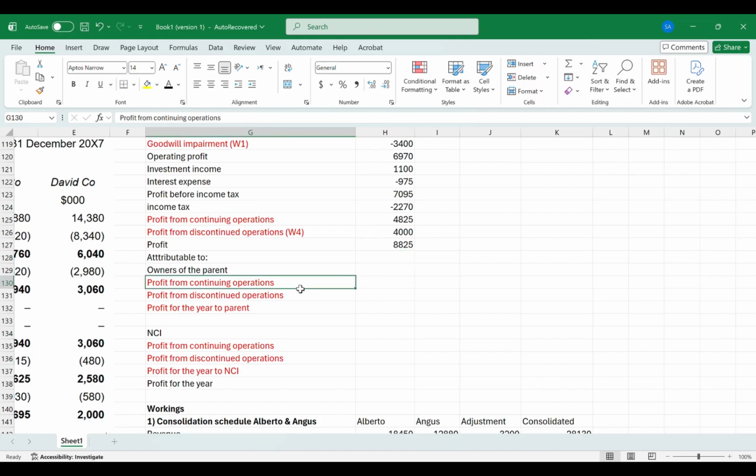So now this we have got in working number 3 and working number 4: profit from continuing and profit from discontinuing. That goes to the parent and then NCI. Remember, these are the balancing figure. Same for NCI also.